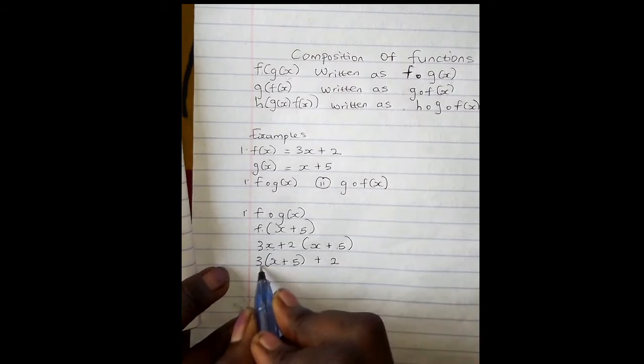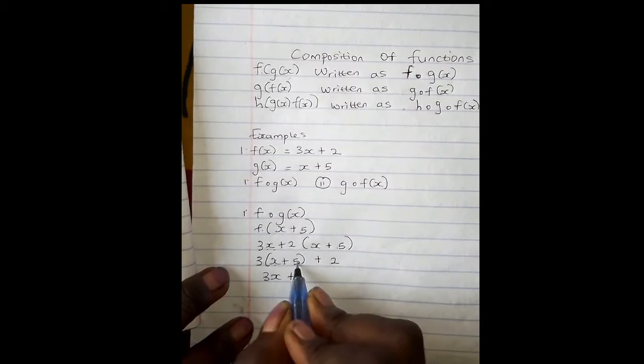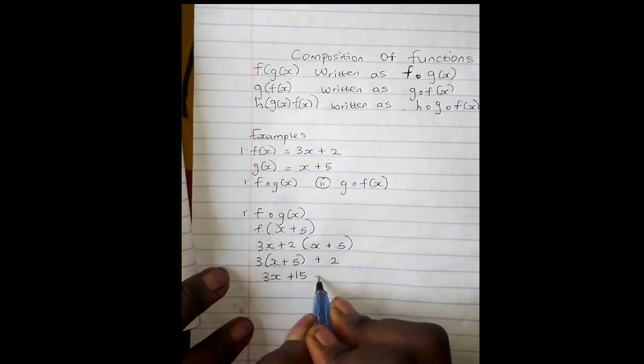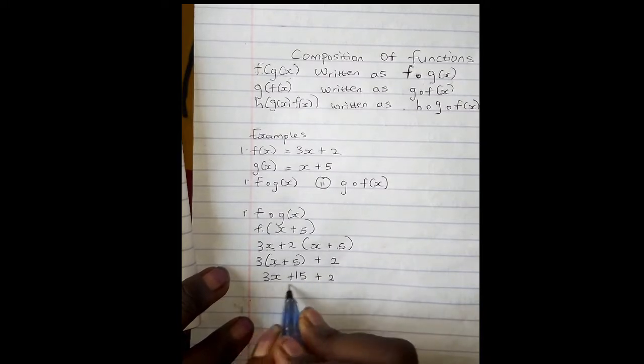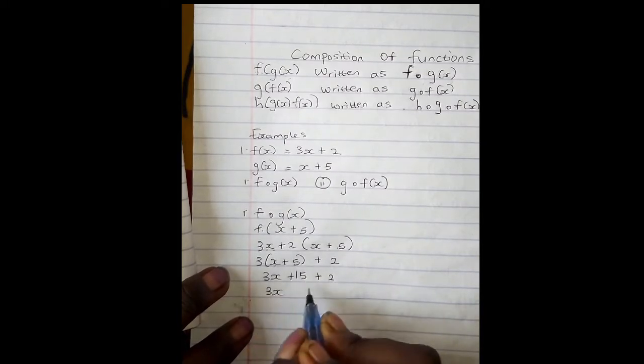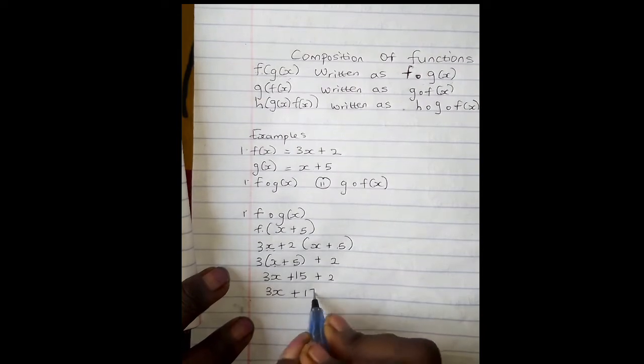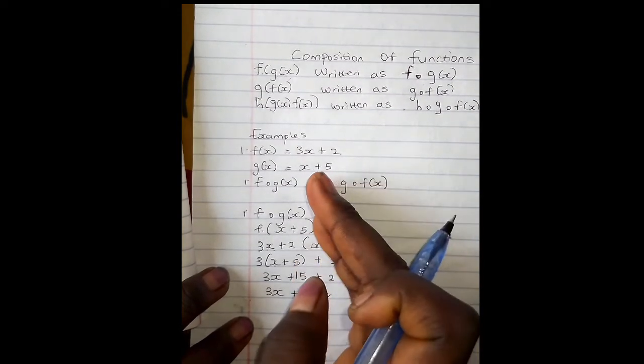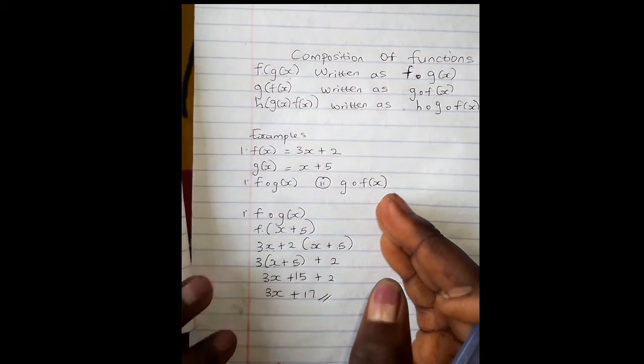When we open the brackets, we multiply 3 times x, we have 3x, plus 3 times 5, we have 15, plus 2. So we have 3x plus 17. Therefore, this is the answer for the first one.